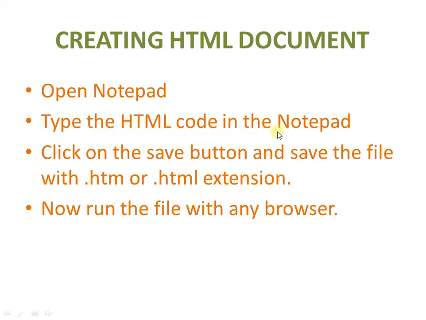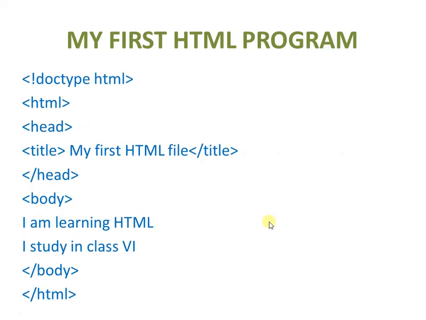So then we have to write the HTML code. After that we have to click on the save button and save the file with .htm or .html extension. So these extension we have to use, and after that we have to run the file in any web browser. So I will tell you how to use it next.